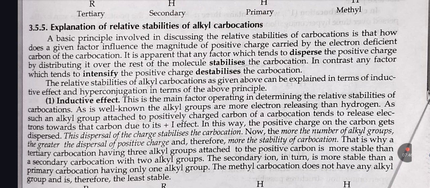It is apparent that any factor which leads to dispersal of the positive charge by distributing it over the rest of the molecule stabilizes the carbocation. In contrast, any factor which intensifies the positive charge destabilizes the carbocation. The relative stability of alkyl carbocations given above can be explained in terms of inductive effect and hyperconjugation in terms of the above principle.